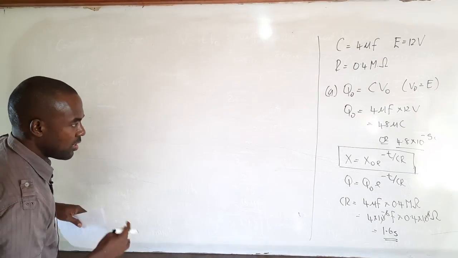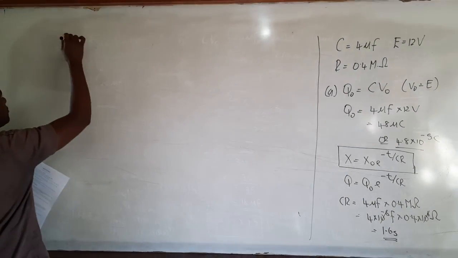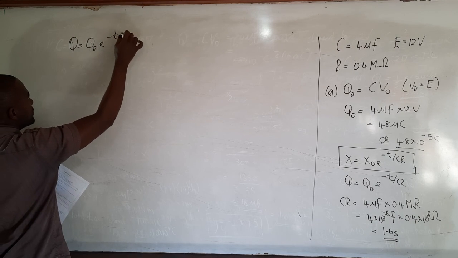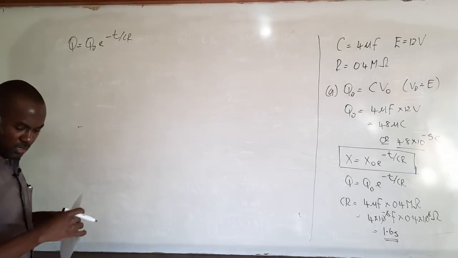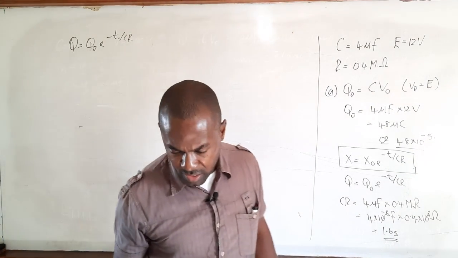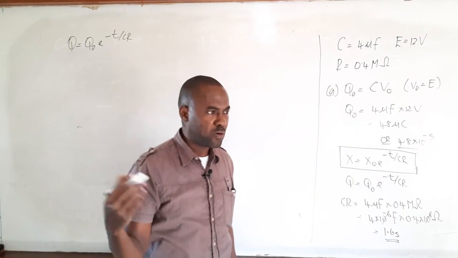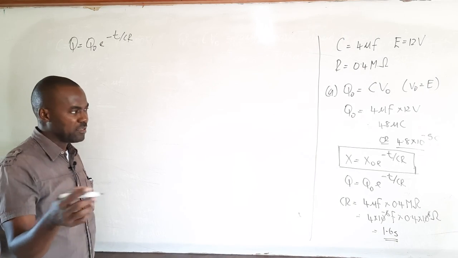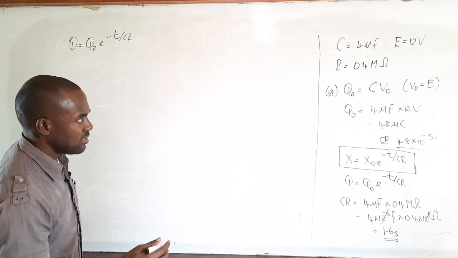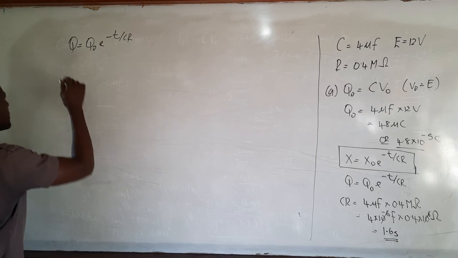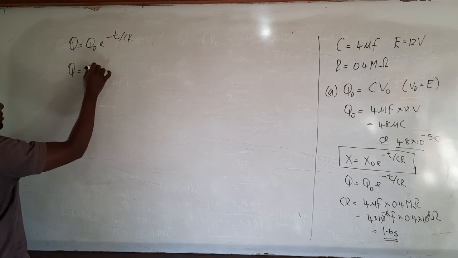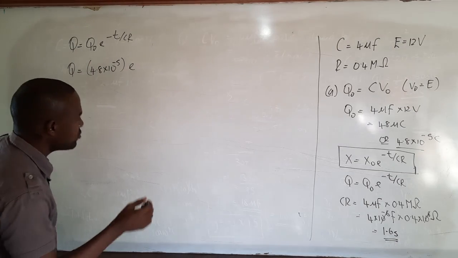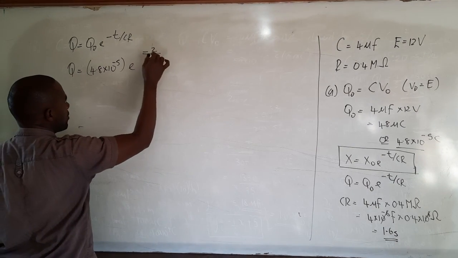So we can now use our equation. Q equals Q naught e to the minus t over CR, where of course E is the numerical constant having the value approximately 2.718, right? Whenever we take natural logs, we normally take logs to base E. So substituting these values, we get that Q equals 4.8 times 10 to the minus 5 times E to the minus 2 over 1.6.